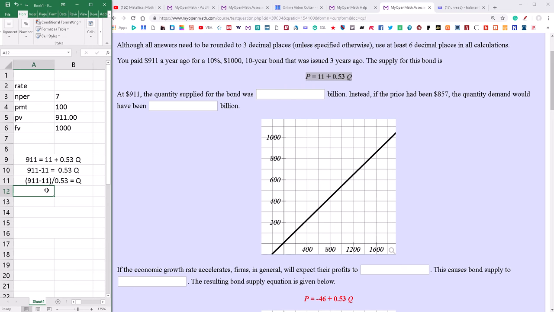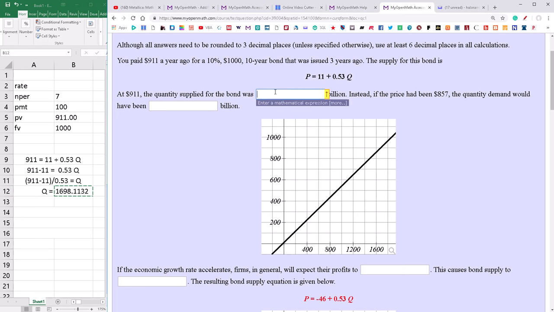Okay, and then Q equals basically 900 divided by 0.53, which is that value. And then we round to 3 decimal places. So we're out here, 1698. Let me go ahead and draw that in here.